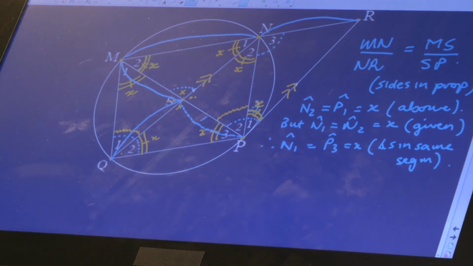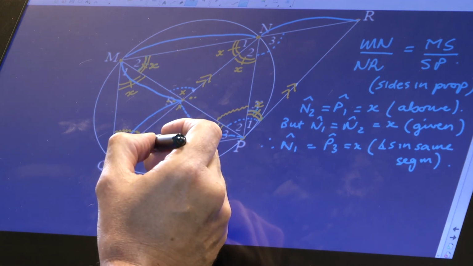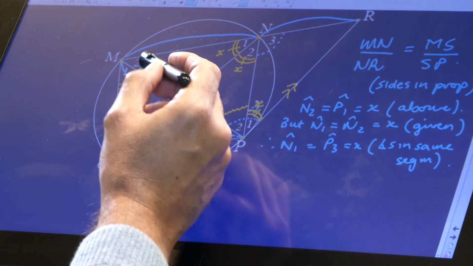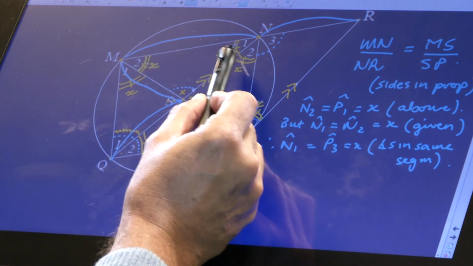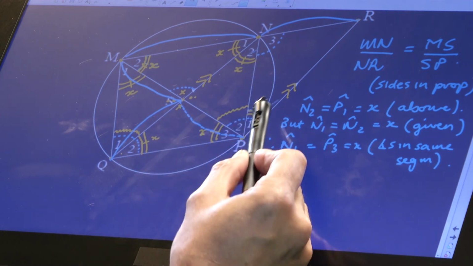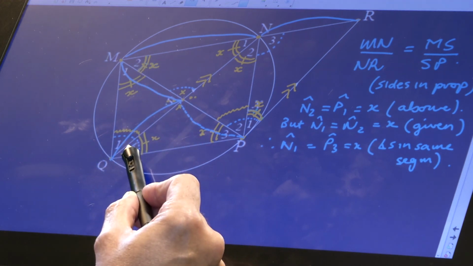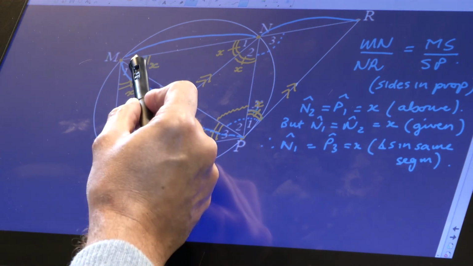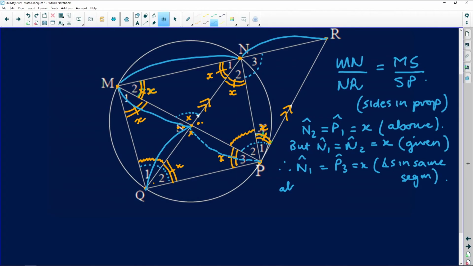So let's see, are we ready to say that? What is Q2 equal to? We've had Q2 was equal to M2. Is it in any way equal to something that lies over there? This was a tan chord equal, that is same segment equal. So we can go from M2, which was equal to P1, and say also that P1 is equal to M2, and that is equal to x.